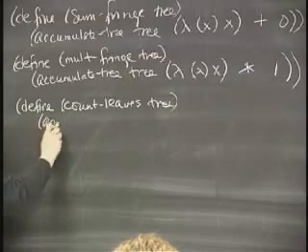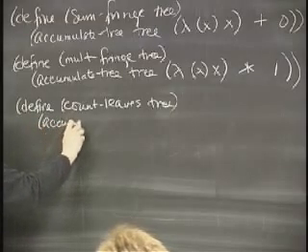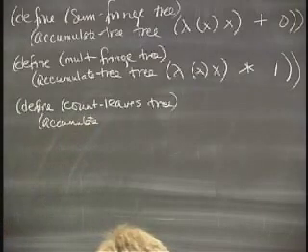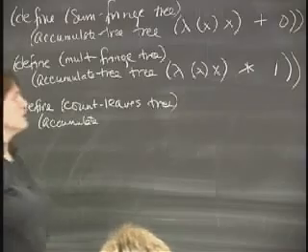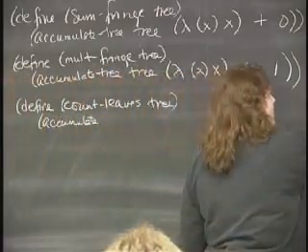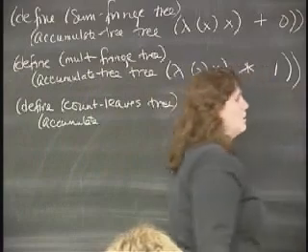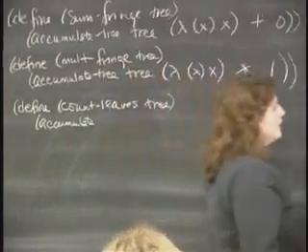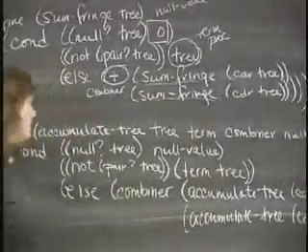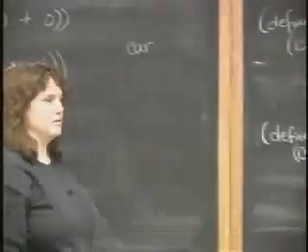Just out of curiosity, what would happen if instead of our term being the lambda x, we called it car? So the question is, what if we passed car as term? Well, if we get here, and our term is car, and we say car of tree, but we don't have a pair, what's going to happen?